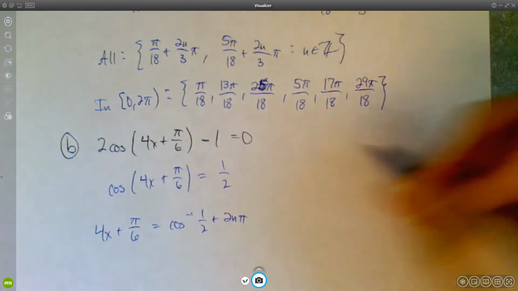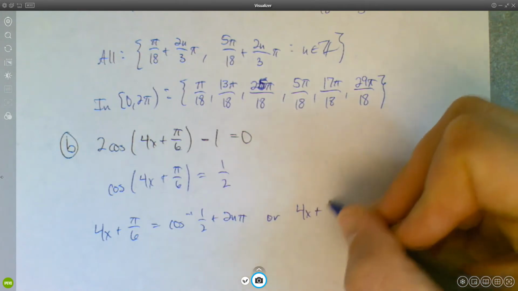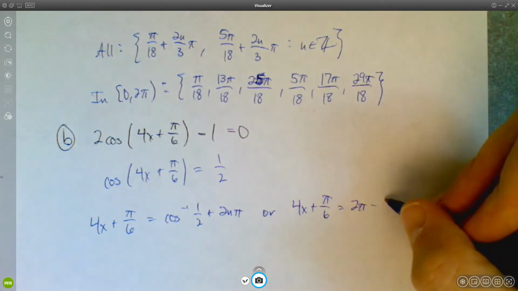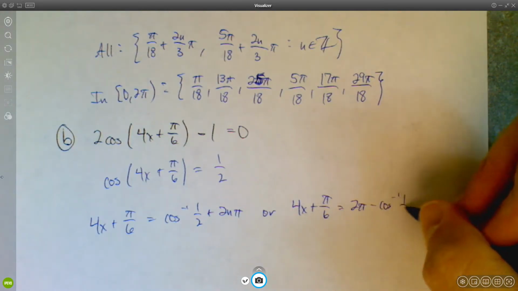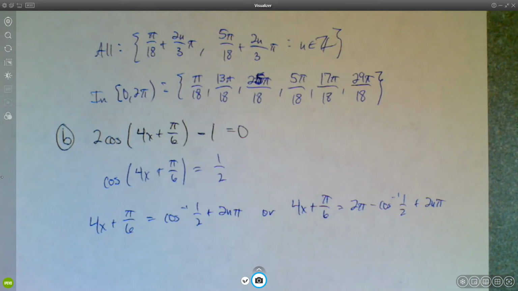Okay, so that's one possibility. Another possibility is that the stuff equals 2 pi minus cosine inverse of 1/2, plus 2n pi, sorry.